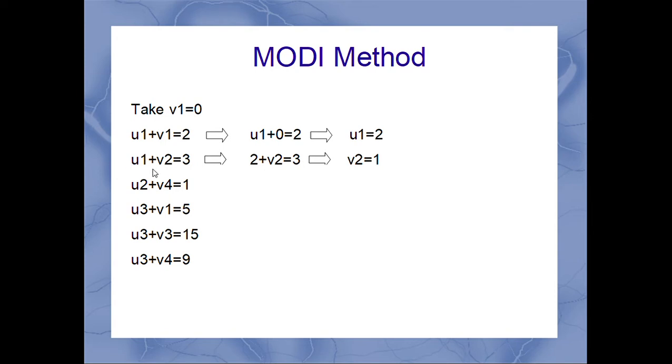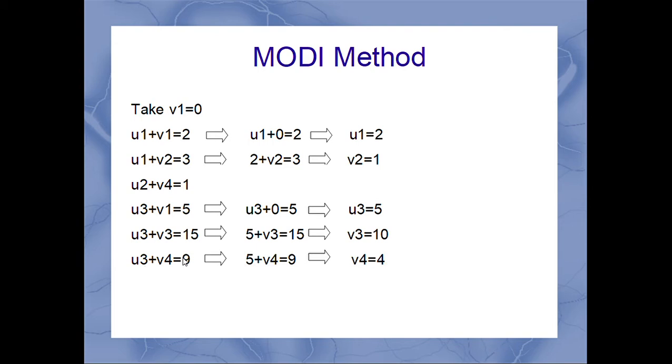Next, here we have v1. Substituting 0 here, we get u3 plus 0 equal to 5, which implies u3 equal to 5. Then 5 plus v3 equal to 15, which implies v3 equal to 10, since adding 10 to 5 gives 15. And 5 plus v4 equal to 9, which implies v4 equal to 4.